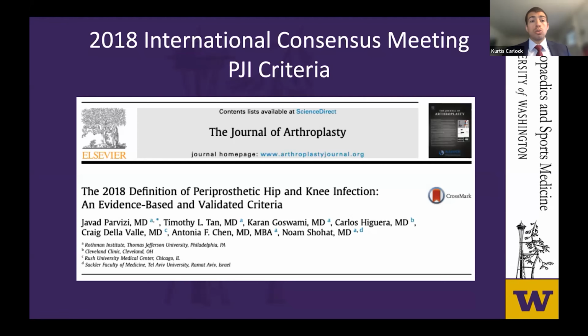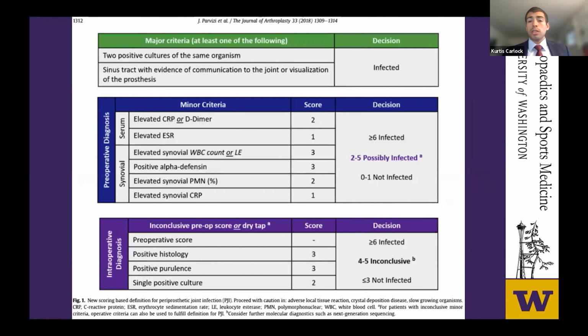So to address those new findings over the course of time, the most recent iteration of the diagnostic criteria was released back in 2018, which really presented a much more evolved, much more refined take on the way that we approach the diagnosis of prosthetic joint infection. It continues to incorporate both major and minor criteria to try to arrive at the ultimate diagnosis.